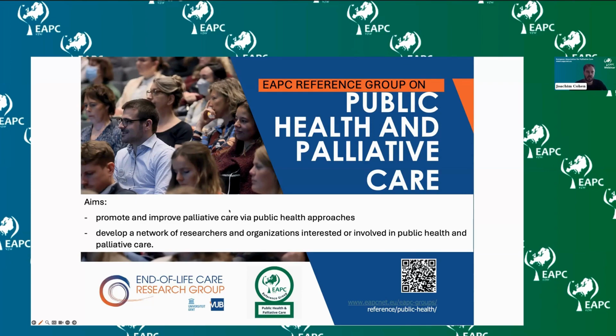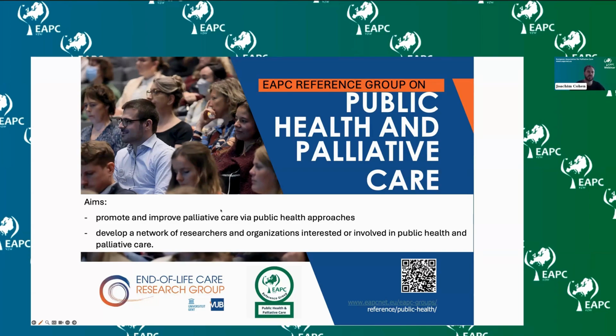As said, we are organizing this series of webinars by the reference group on public health and palliative care. The aims of the reference group are to promote and improve palliative care using public health approaches, but also to develop a network of interested researchers, organizations, or people who are involved in public health and palliative care.